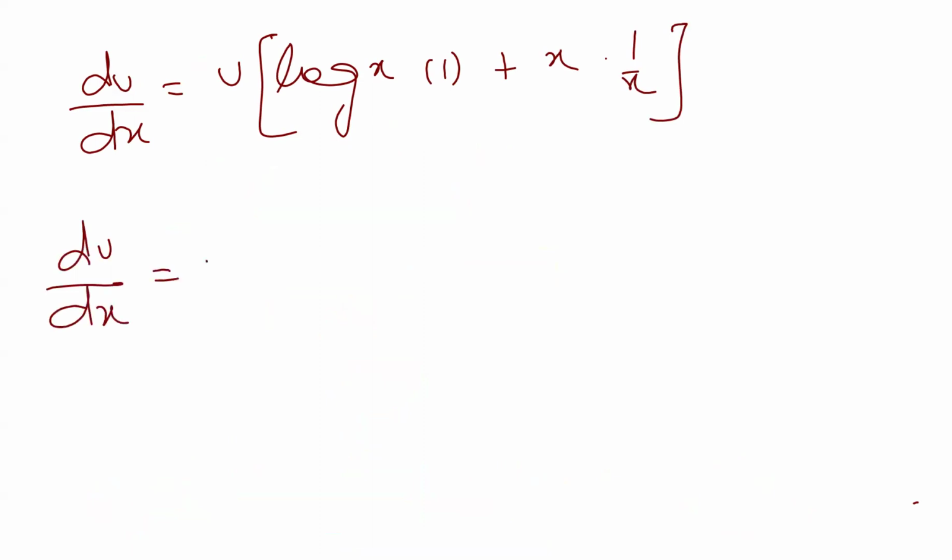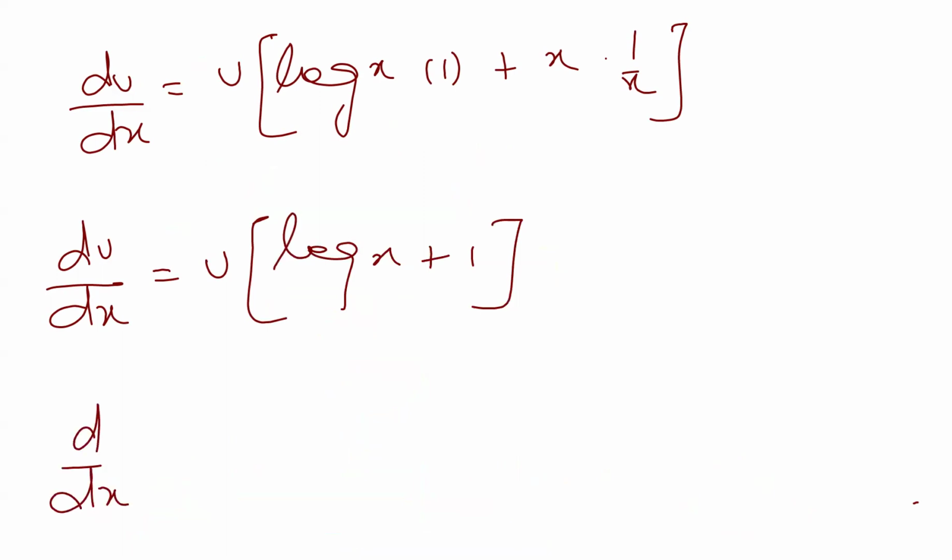So du by dx is equal to u into log x plus 1. Now replace the value of u, but this time replace the value of u on the left hand side as well. Okay. So d by dx of x raised to x, replace u with x raised to x. Do it on the left hand side as well.